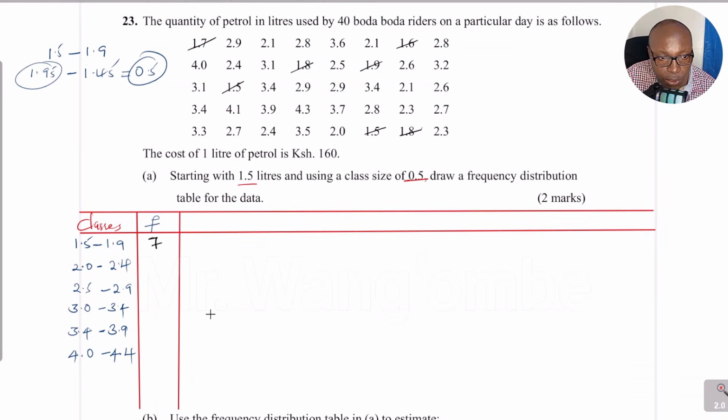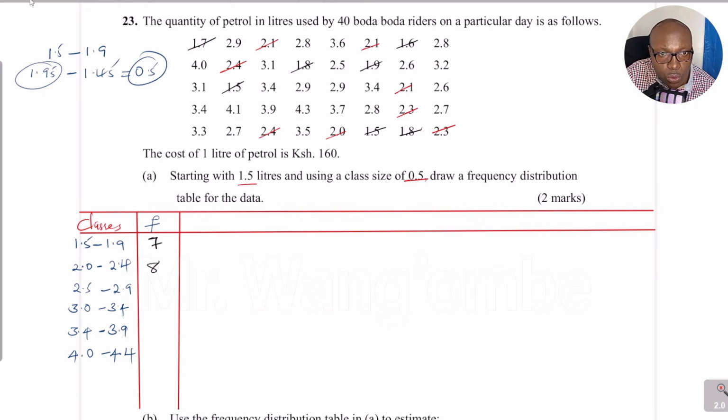Then from 2.0 to 2.4. So we calculate that. We have 1 there, 2, 3, 4, 5, 6, 7, 8. So there are 8. Then 2.5 to 2.9.